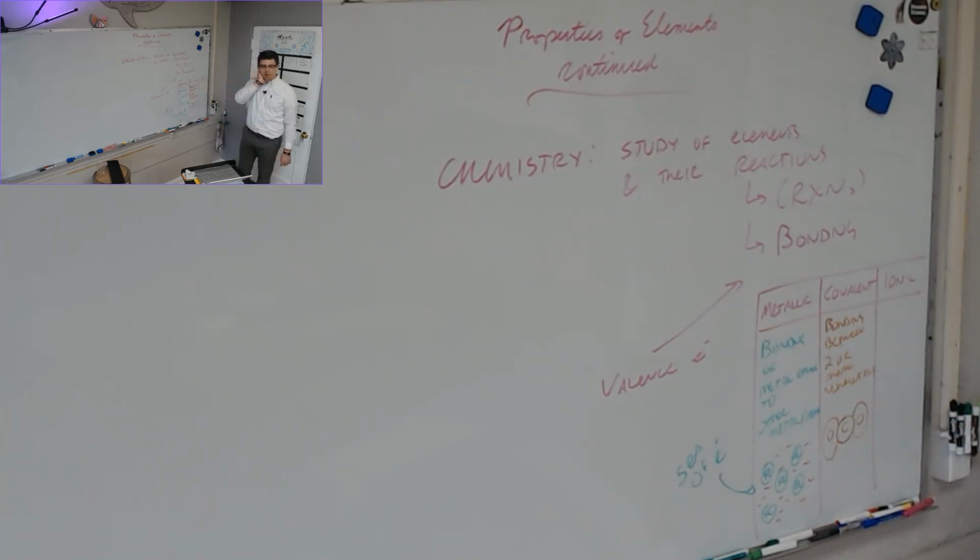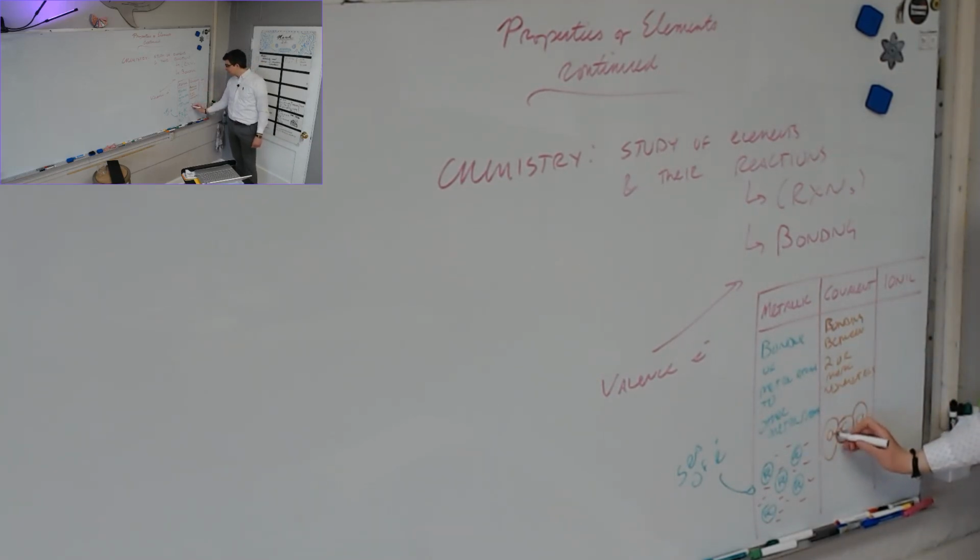What's the co mean? Together. And valent probably referring to valence electrons. So they're sharing valence electrons. Who are sharing valence electrons? Two or more nonmetals. The valence electrons are spending time both with the carbon and the oxygen that bonds them together.